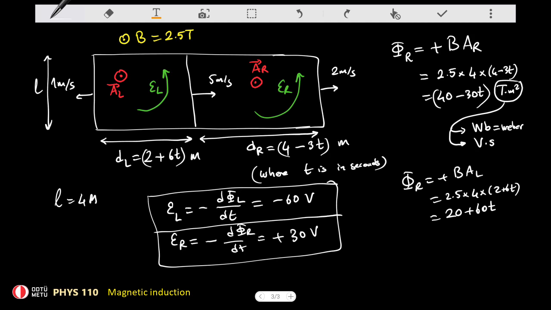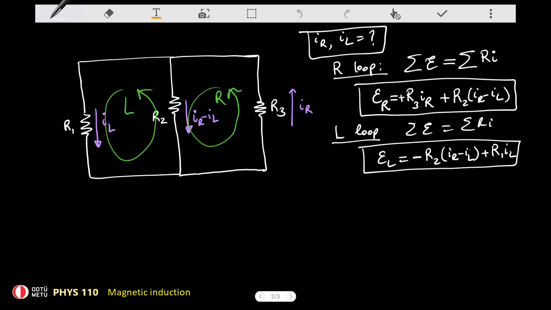So let's remember again, left EMF is minus 60 volts, right EMF is plus 30 volts. These are the things that I'm going to use. So let me write plus 30 volts in here and minus 60 volts for the other one. At this point I'm just going to write down the equation.